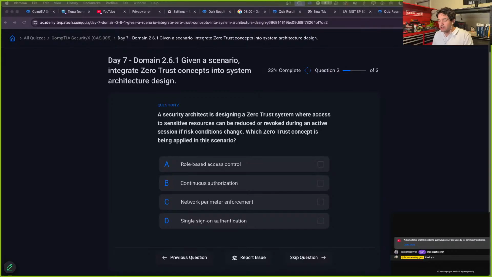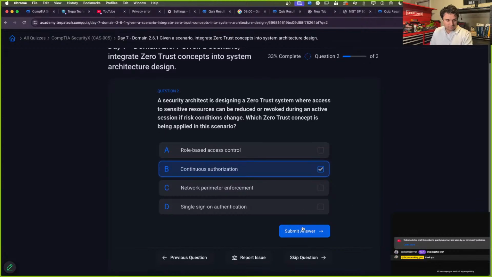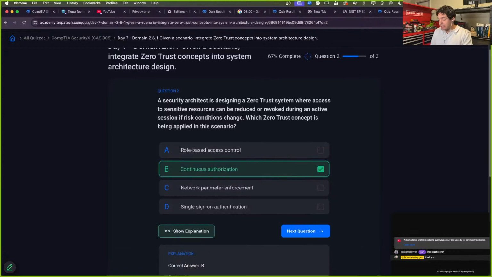So the concept here is continuous authorization. Yeah, that's a good way to look at it, Jeremy. If you're still using it, that's continuous, right? You're continuously using it, and then this question is saying, well, we kicked you off, we're making you re-authenticate or reauthorize, right? That's continuous authentication or authorization.